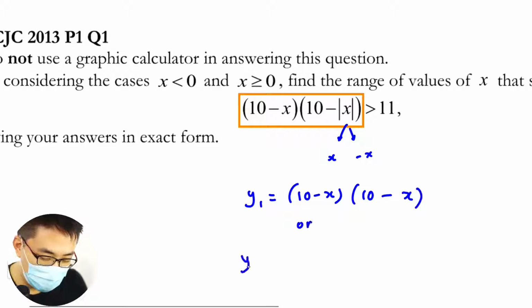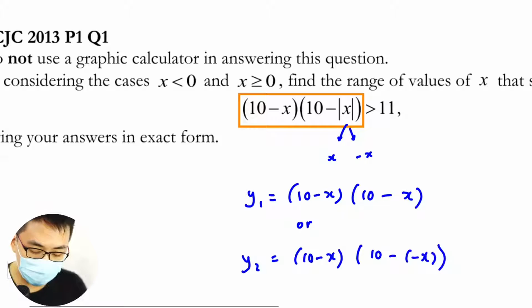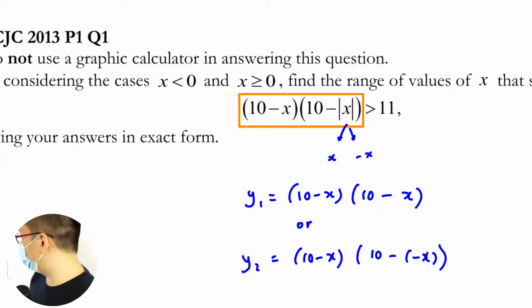Or the y2 would just be 10 minus x. So what a modulus graph does is we take whichever is positive, then we just take the equation there. So don't take my word for it.